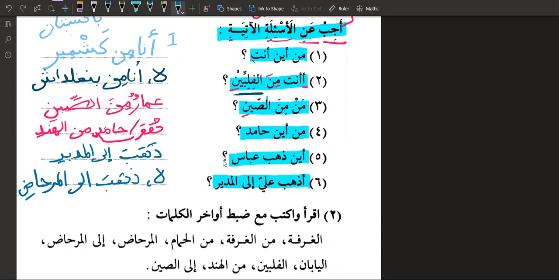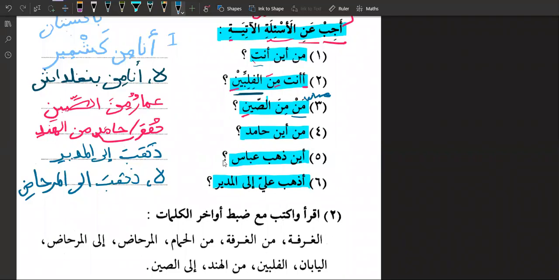طيب من أين أنت؟ First one, من أين أنت؟ أنا من كشمير، أنا من باكستان، أنا من بريطانيا، أنا من الصين، أنا من اليابان, whatever it is. أنت من الفلبين. He's asking, are you from the Philippines? لا أنا من بنغلاديش. من الصين. So من, who.